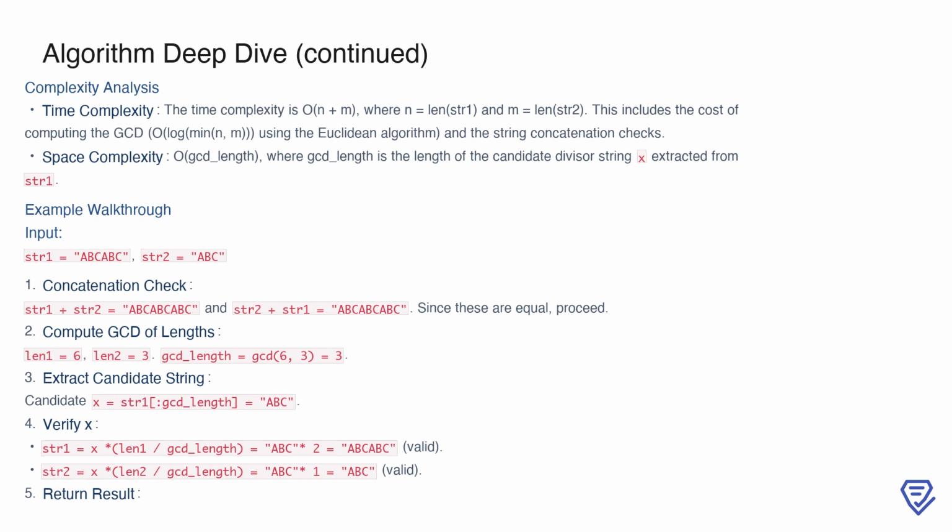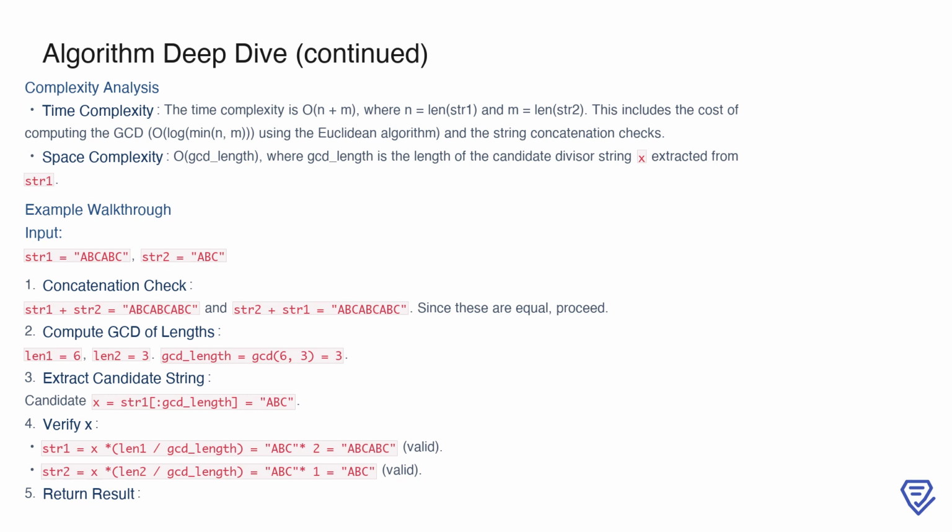This includes the cost of computing the GCD using the Euclidean algorithm, which runs in O(log(min(n, m))), and the checks for string concatenation and divisibility. The space complexity is O(GCD_length), as we only need to store the candidate divisor string, which has a length equal to the GCD of len1 and len2.